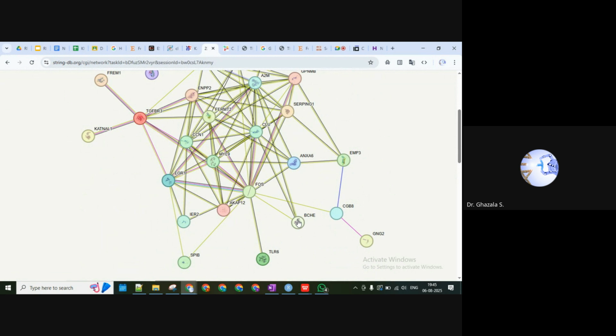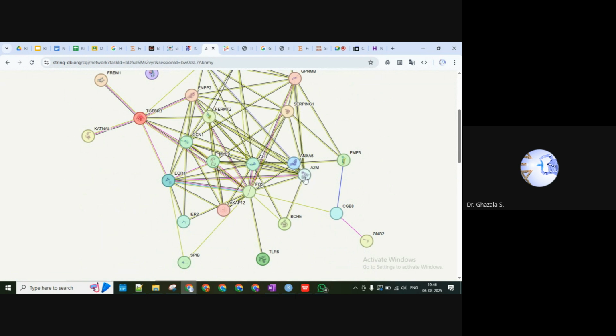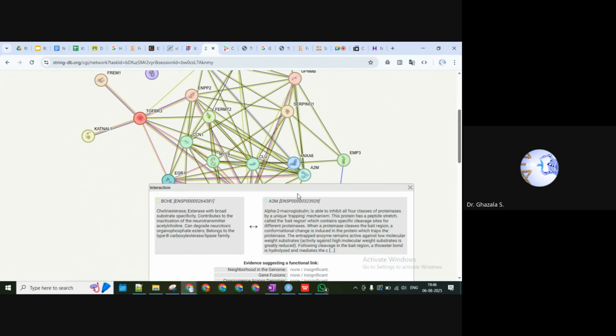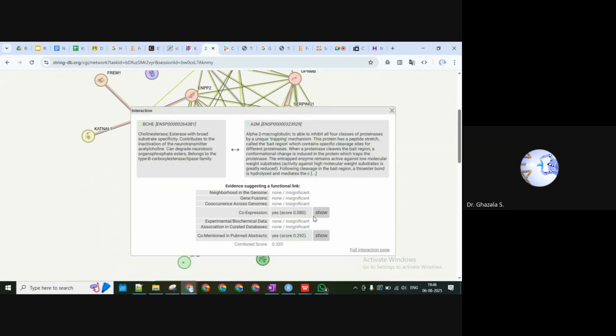For any specific reason we can be interested, as it is a novel gene and we want to study its function or its properties. Now we have its connection with FOS, so we can also study it with respect to FOS. We can study it with the CLU gene, that is the external gene in our list. Then we also have the A2M gene with which it is interacting. Based on these interaction details we can write more about it.